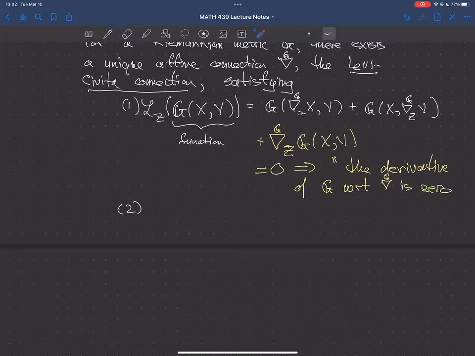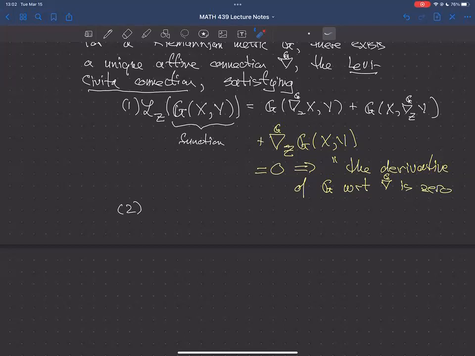Again, the full product rule you would expect to look like that, but the missing term should be interpreted in this way. Good. So that's condition 1 of the definition of the Levi-Civita connection.